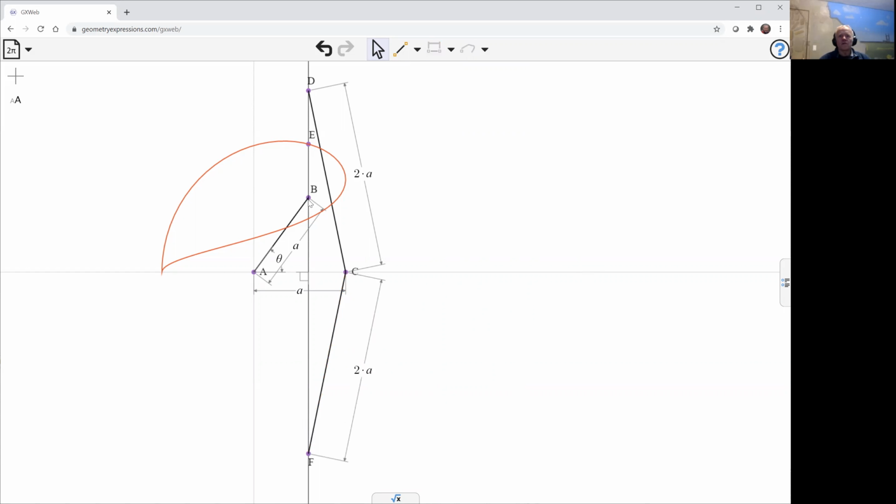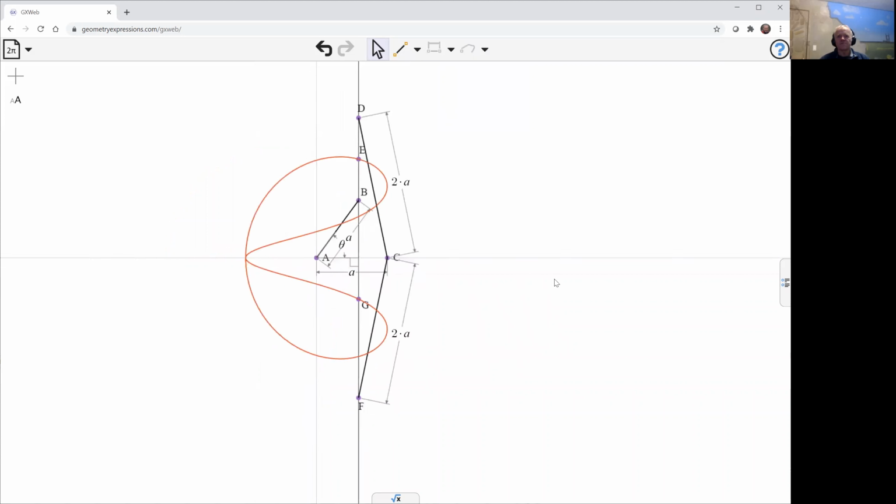Then again, the midpoint between B and F. And we could look at the locus of that as theta varies. And we get, if you like, the second half of the curve.